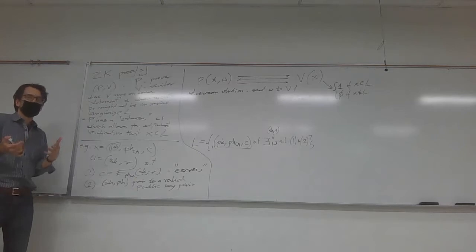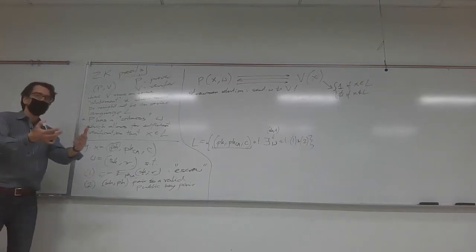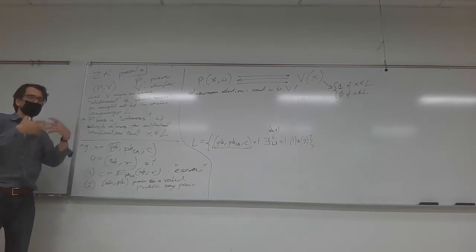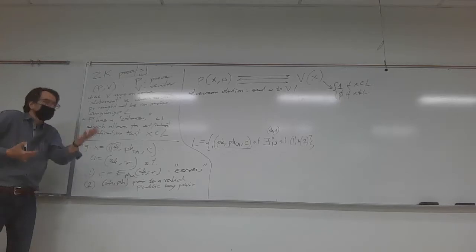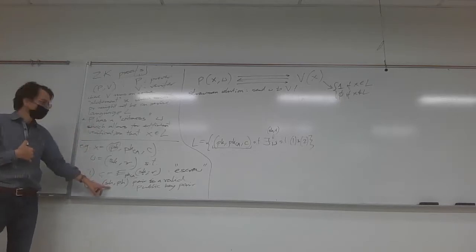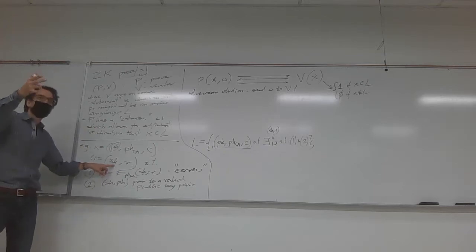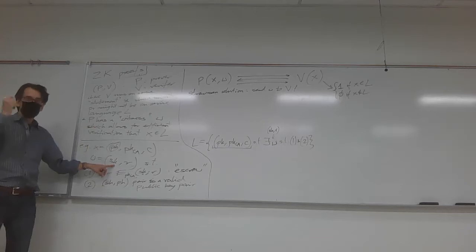But that's a trivial solution, which basically means that the only way I can prove to you that something is correct is to reveal all my secrets straight away. Right? So I reveal, for example, my own secret key here. In order to prove to you that I have escrowed the secret key that corresponds to my public key, I have to just reveal to you my secret key.